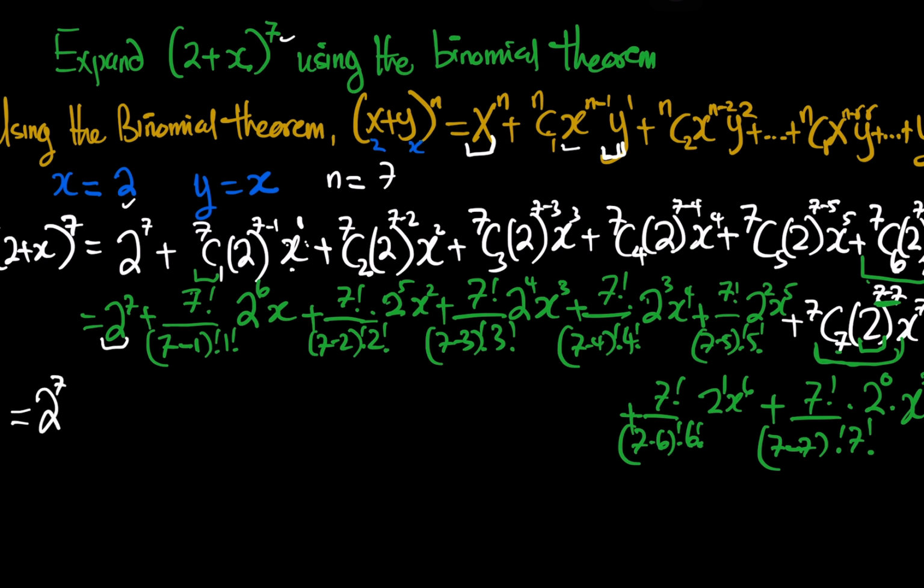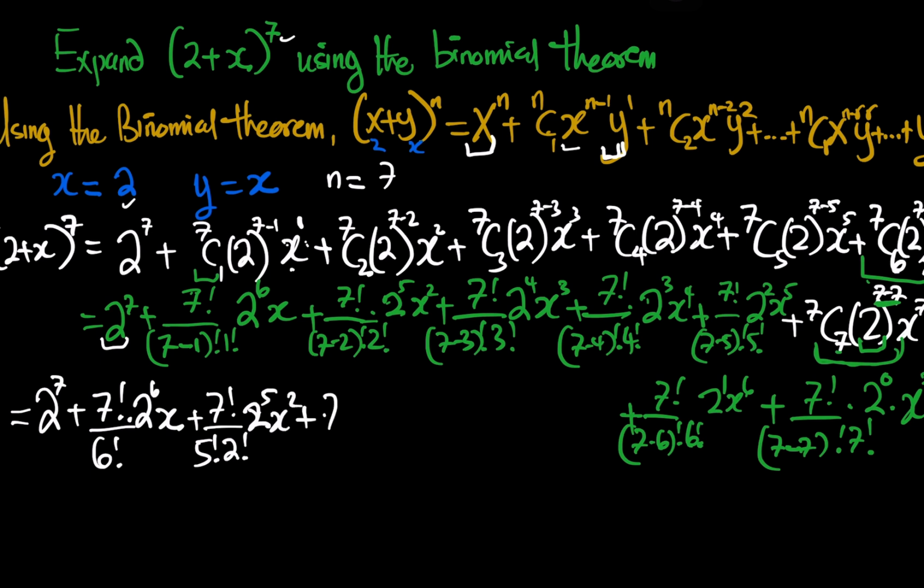So now it's equal to this one here. It's 2 to the power 7 plus 7 factorial divided by 6 factorial multiplied by 2 to the power 6. Okay, let me write it. I'm not going to change it. 2 to the power 6 x like this, plus 7 factorial divided by 5 factorial 2 factorial, 2 to the power 5, right? And you have x squared, plus 7 factorial divided by 4 factorial 3 factorial.